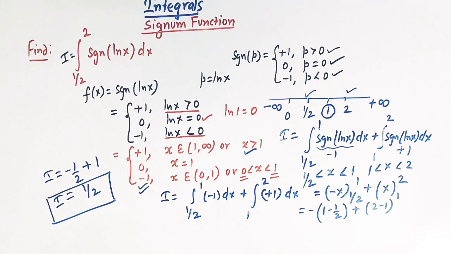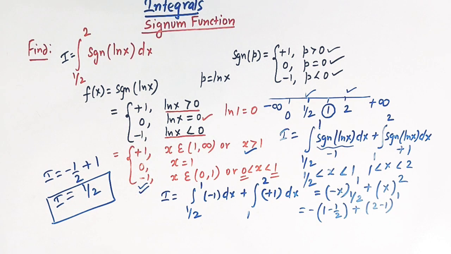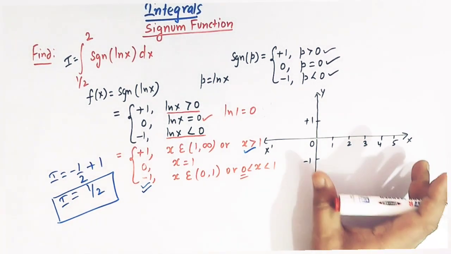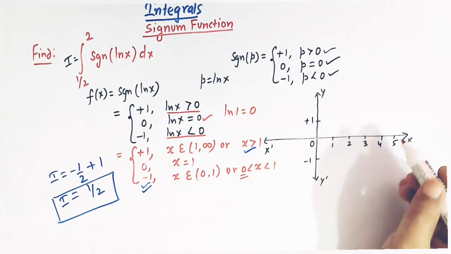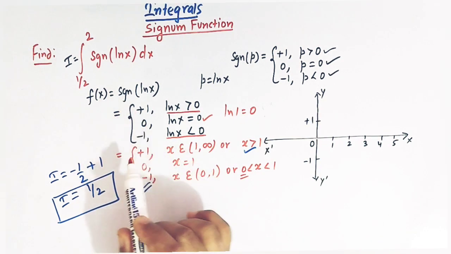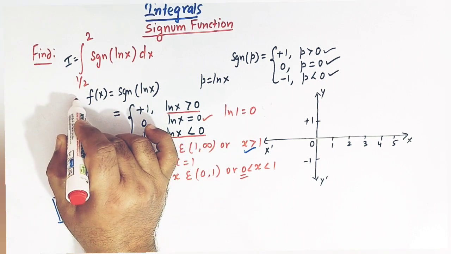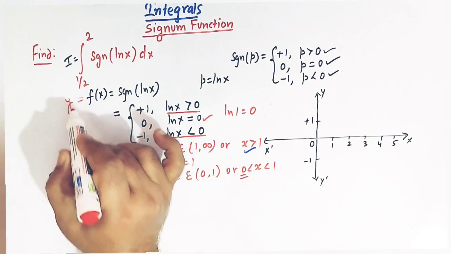Now let us take the graph of signum of log of x. So now here we have the coordinate axis. So this is x-axis, this is y-axis, right? Now see, here f of x is signum of log of x, so let us take f of x is equal to y.